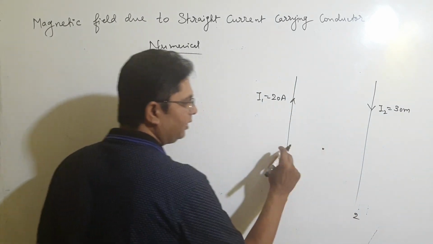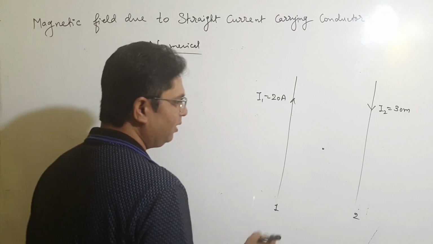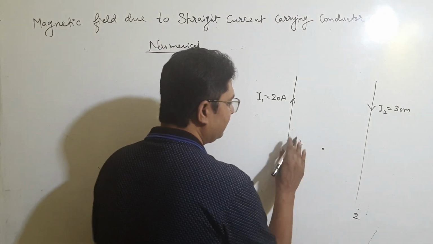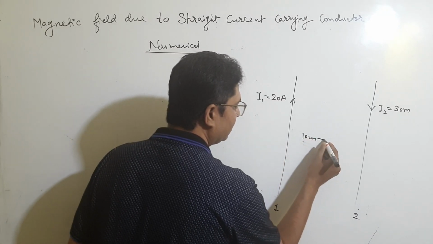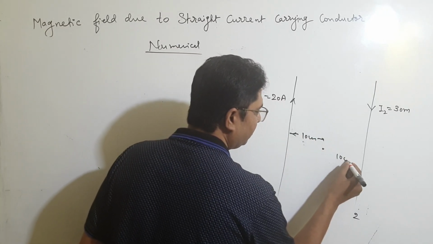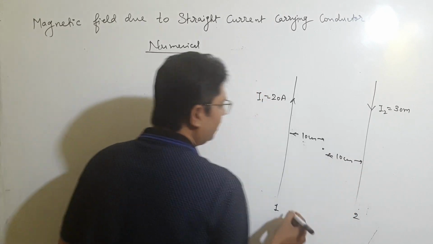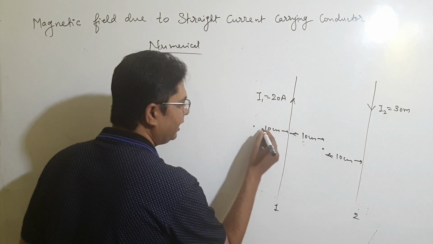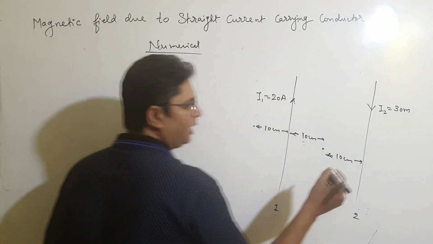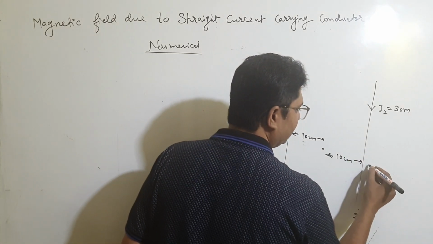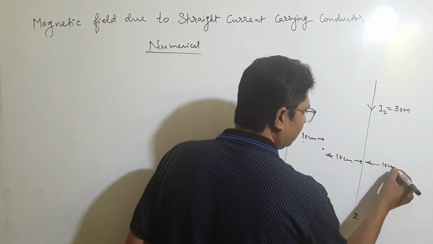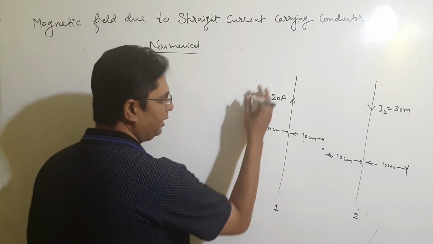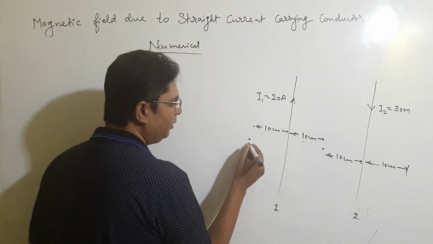Let the distance between these two conductors be 20 centimeter. So this is 10 centimeter apart. This is 10 centimeter, this is 10 centimeter. Let us take a point here which is again 10 centimeter outside conductor 1, and here another point which is again 10 centimeter outside conductor 2.